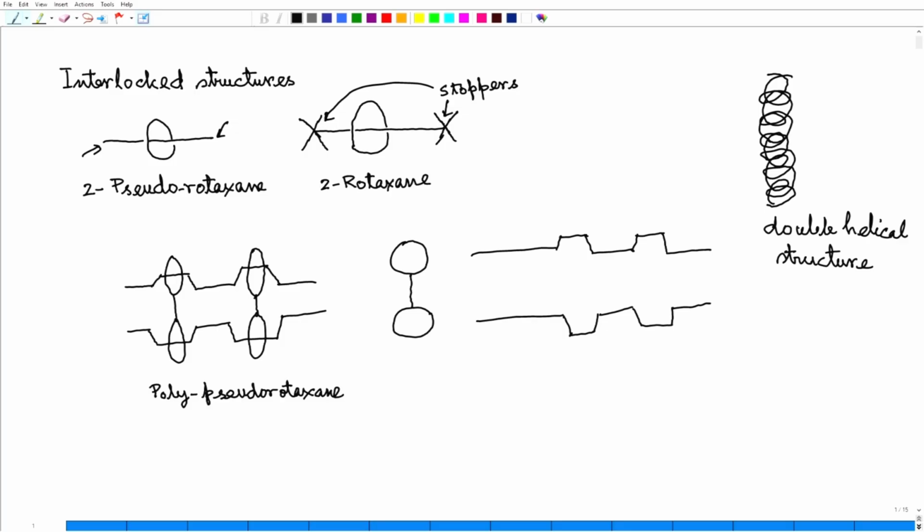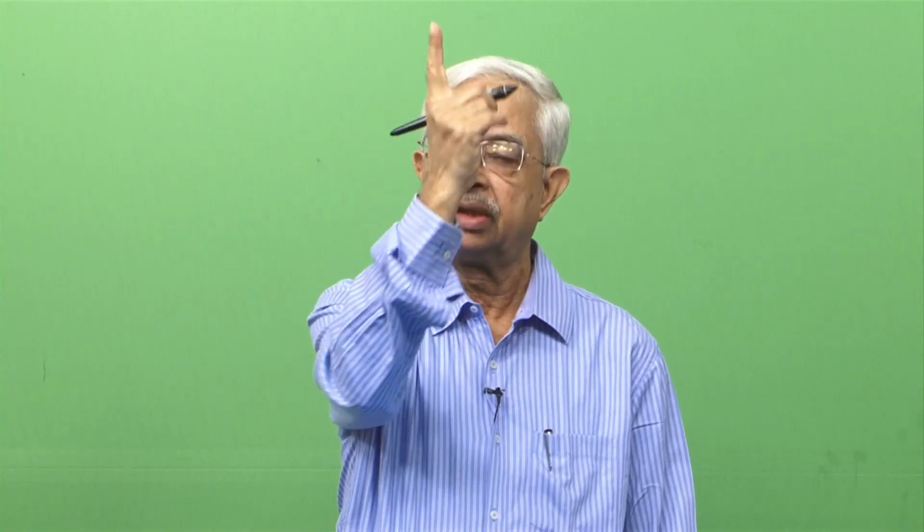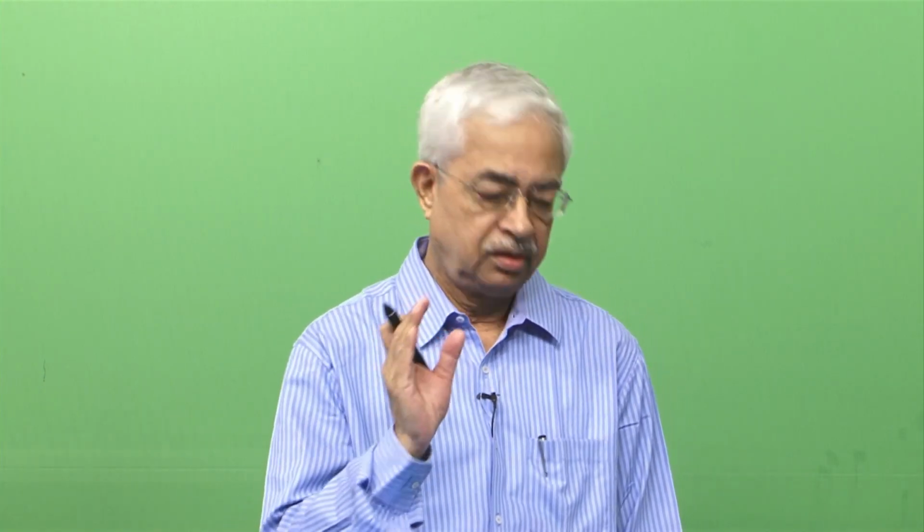Drawing a helical structure is somewhat difficult, but you can imagine that one goes like this, and the other goes the other way. For double helix you have some idea from DNA, and triple helix structures are also available.